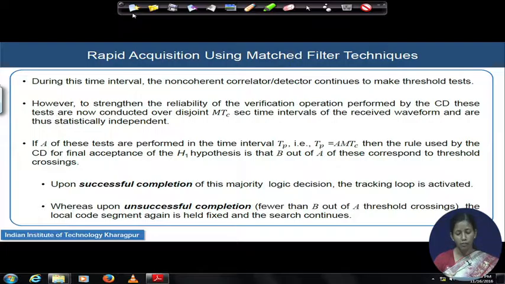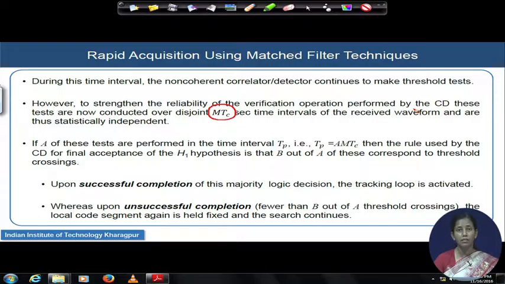If multiple threshold tests are going on, then we may have M times TC seconds of time intervals over these multiple tests. Remember, for all these M times TC intervals, the tests are statistically independent if we run them over these multiple disjoint time intervals.